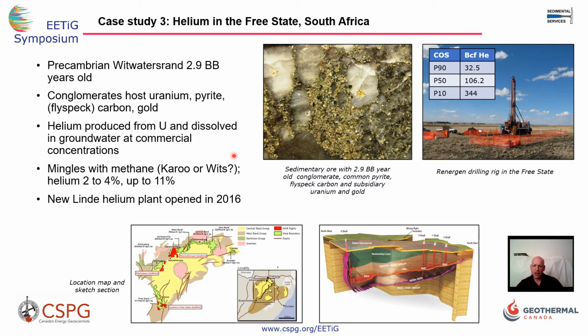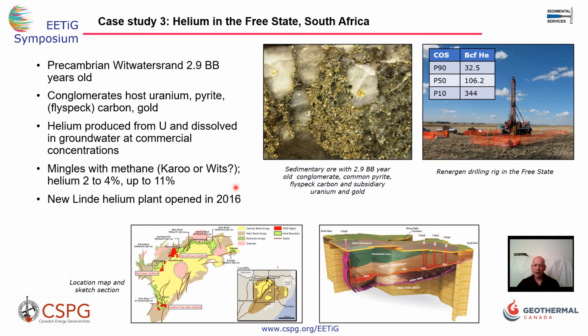What happens is that the uranium is decaying, the helium is produced here, and the groundwater is running through this system up the faults and then moving towards the surface. So Lind, the company, are actually mining the groundwater and producing the helium, which is around 2 to 4%, up to 11% from the gas within the groundwaters.